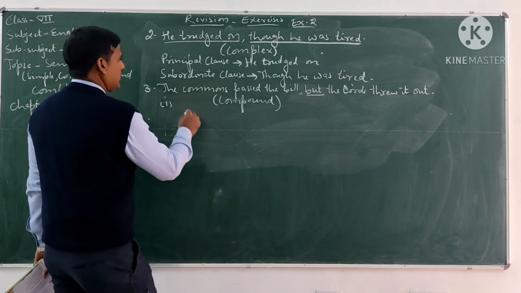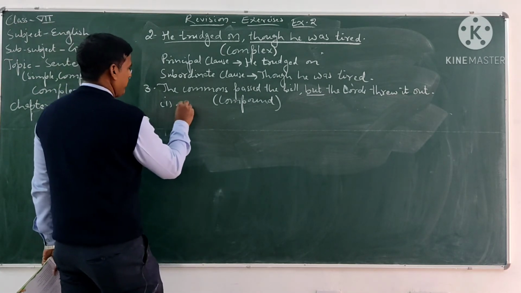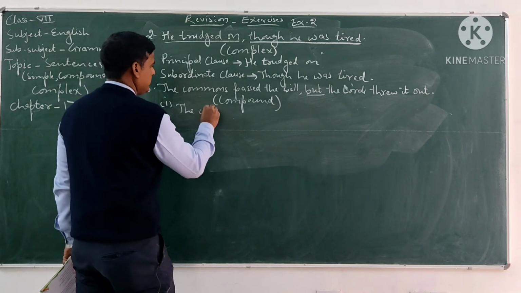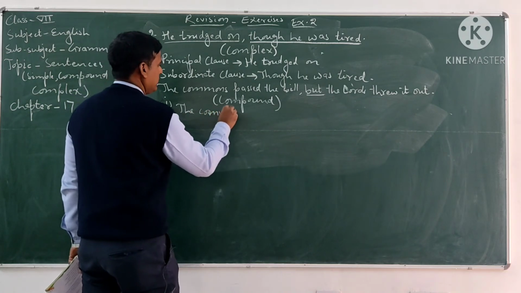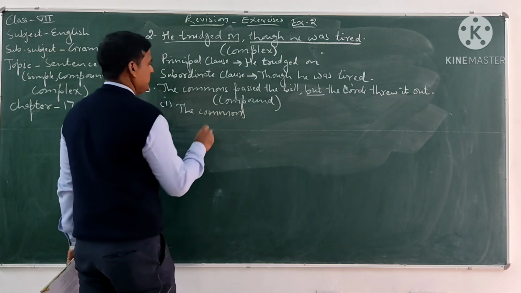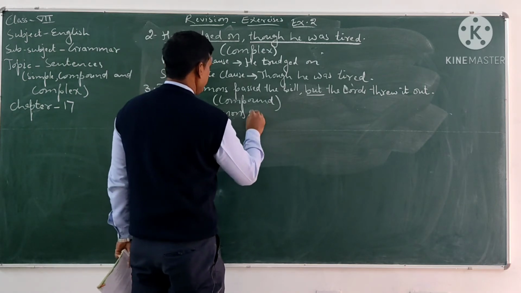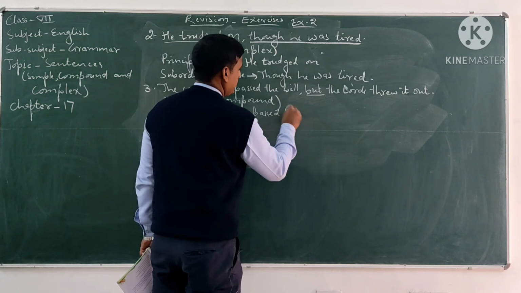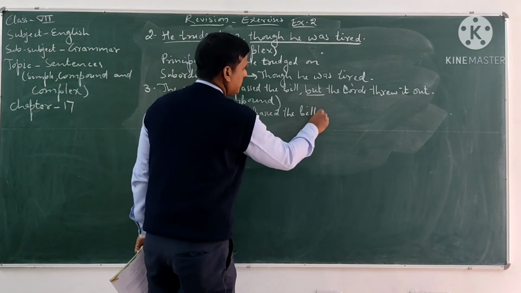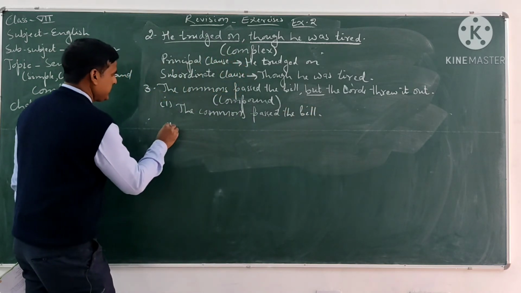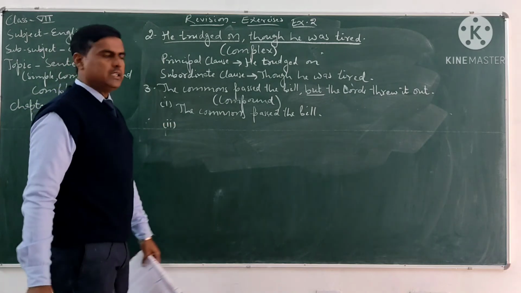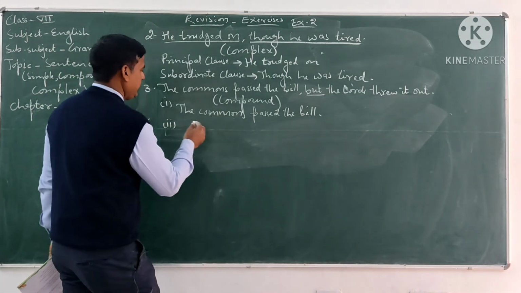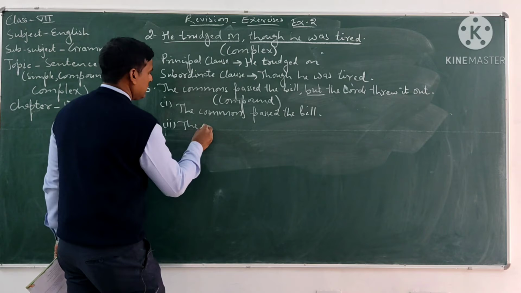The first coordinating clause in this sentence is the Commons passed the bill. And the second coordinating clause is the Lords threw it out.